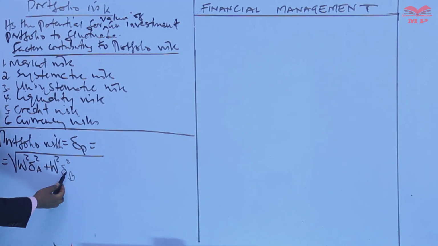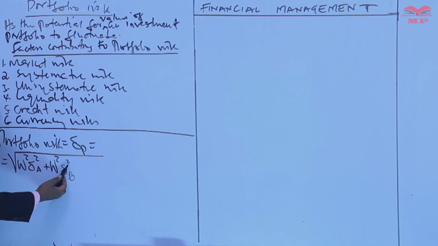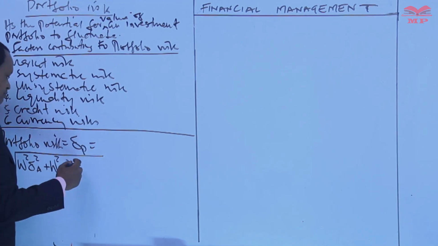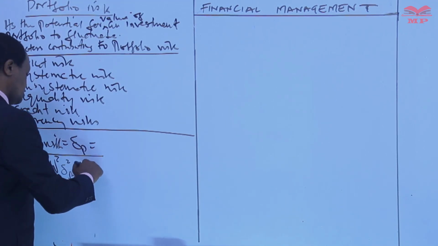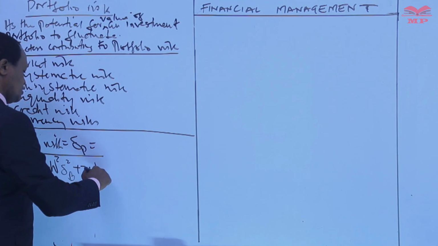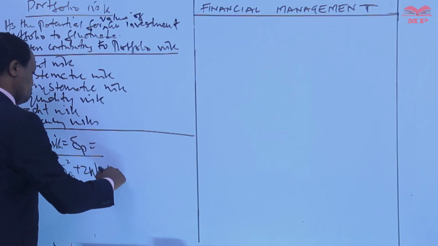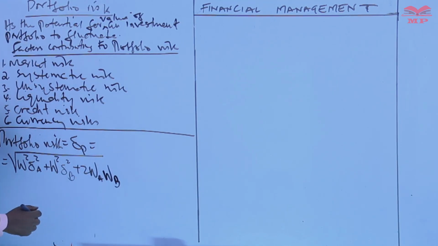So this is standard deviation squared, which is equal to the variance, plus 2 WA WB.